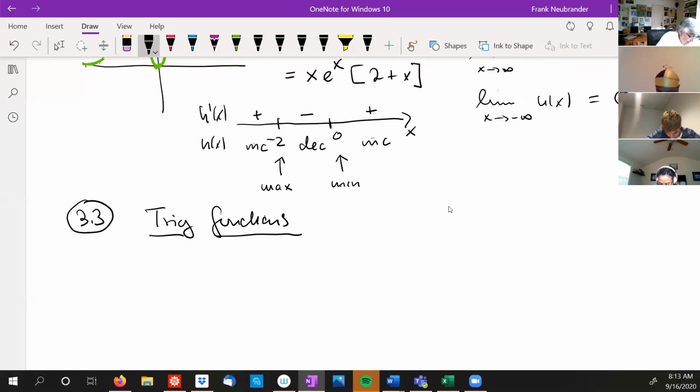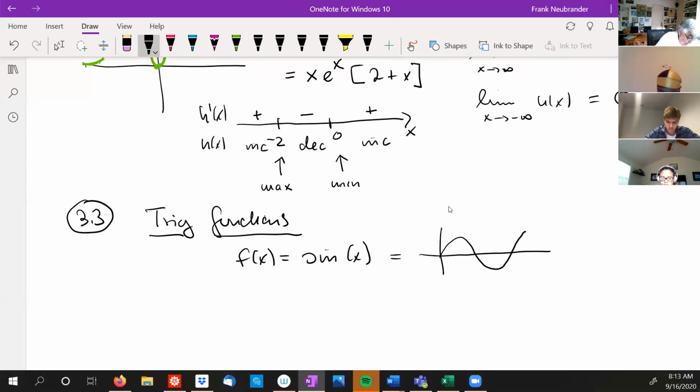So what you have missing is if f of x is equal to the sine of x, where you have here pi over 2, 3 pi over 2, and 2 pi.